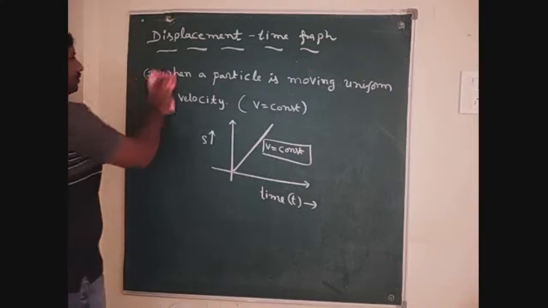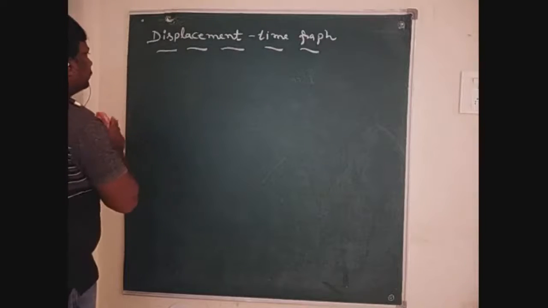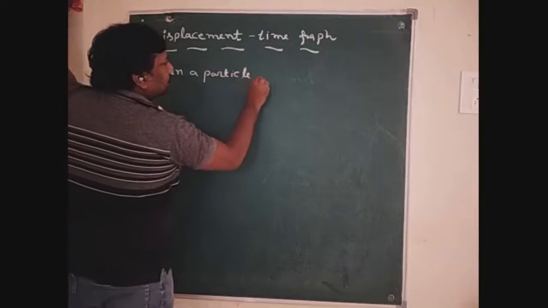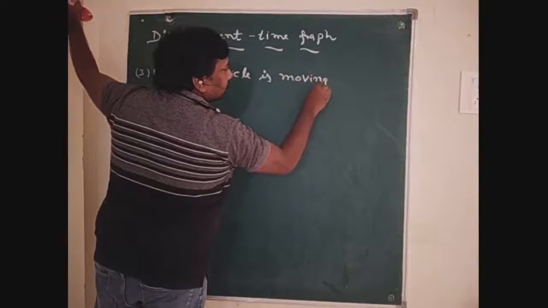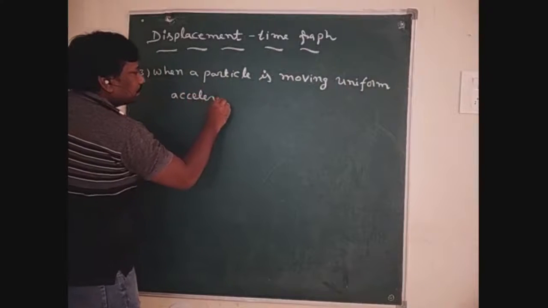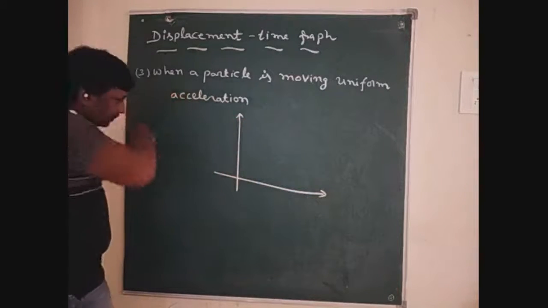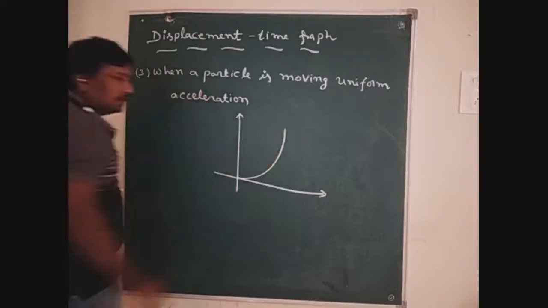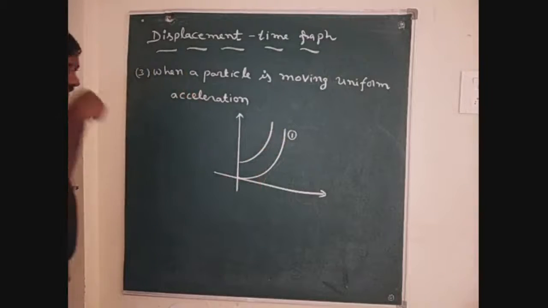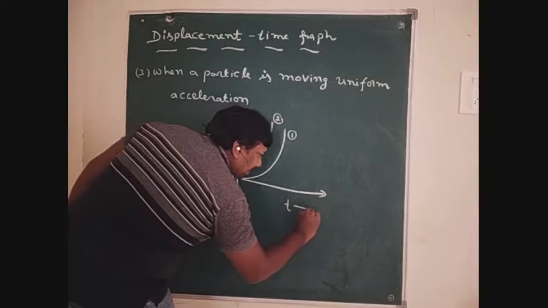Next, case 3. When a particle is moving with uniform acceleration, the displacement time graph is a curve, with displacement along the y-axis and time along the x-axis.